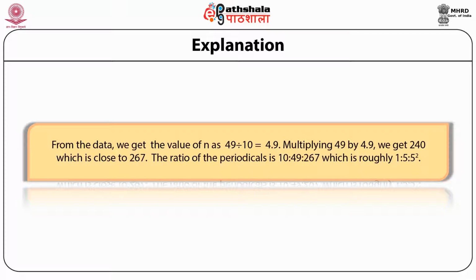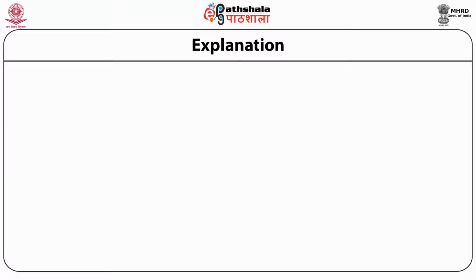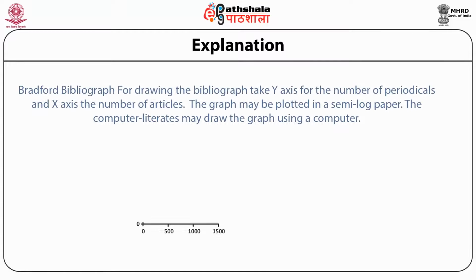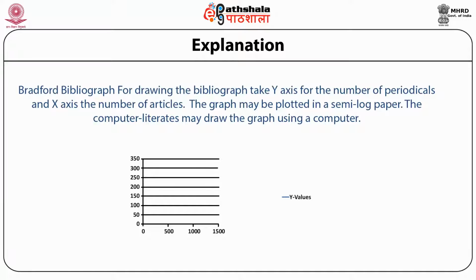Thus, the ratio of the periodicals, 10:50:267, is roughly 1:5:5 square. Thus, we conclude that the data set follows Bradford's law, and it is called the Bradford bibliograph.